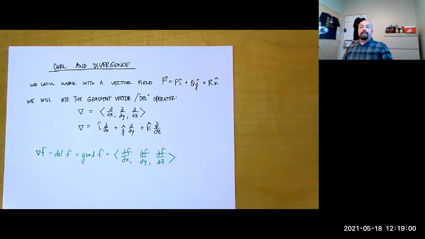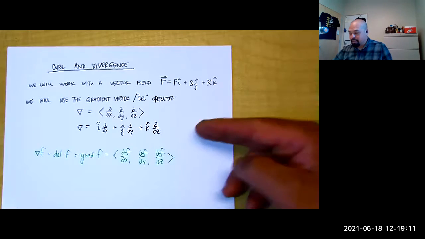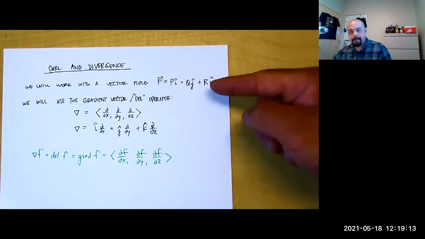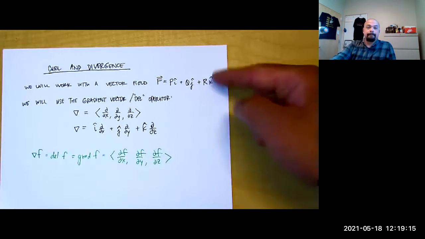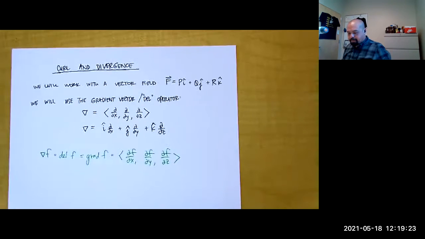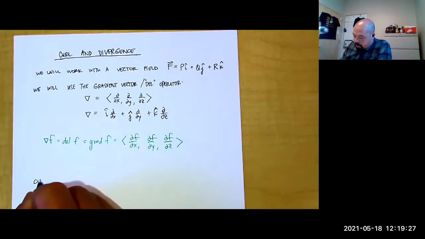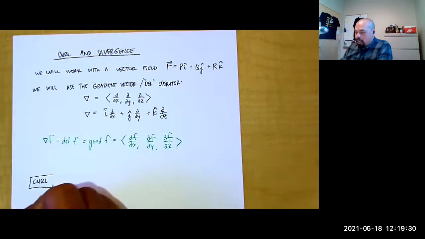That's what we had done looking at the gradient vector before, but now we're looking at this operator. And so we're going to see how this del operator, these derivatives, can interact with our vector field to get these two measurements. So the first discussion is going to be the curl.